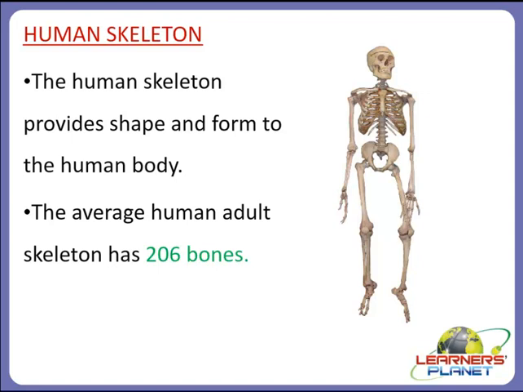Let me write it down for you. The human adult skeleton has 206 bones which are joined together by ligaments and tendons. We will study about ligaments and tendons in higher classes.